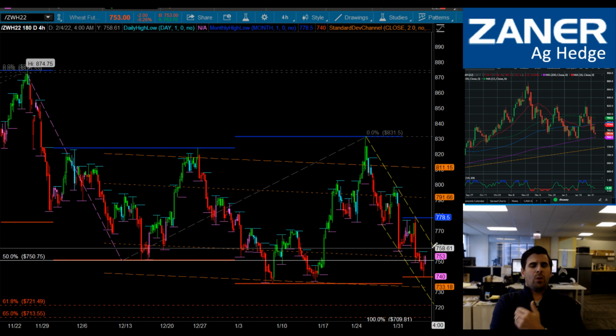But if we hold this area, it does feel like wheat is trying to carve out a bottom to some degree. And we could head $1 higher, just that, in the range that we're in, to the high end of that range. And I think that while we're down here, if you're looking for reownership, there is the opportunity to get into a 7.80, 8.80 call spread here.